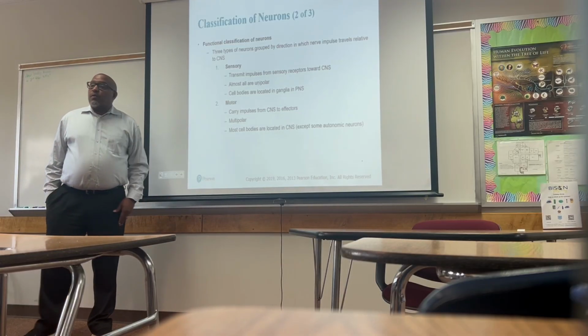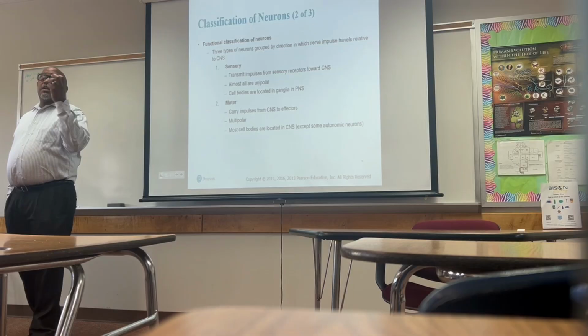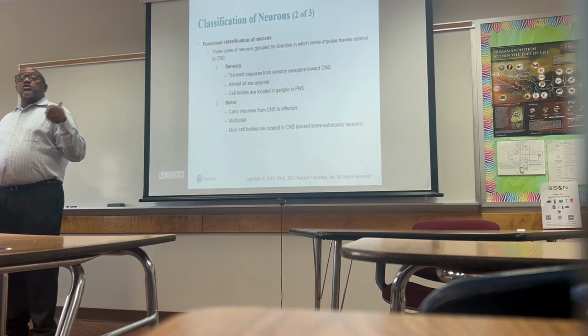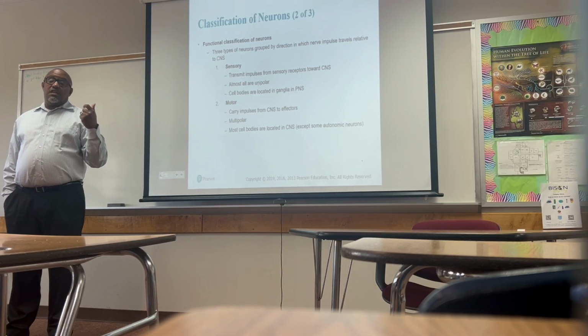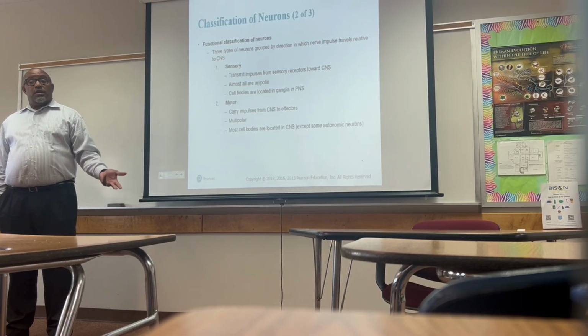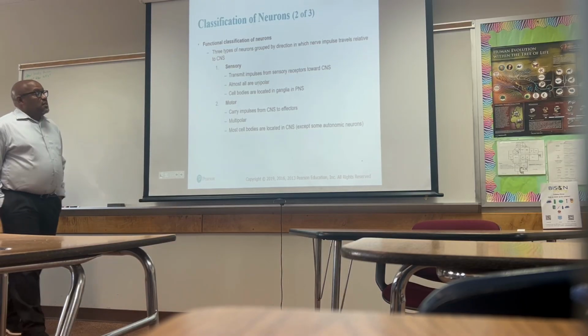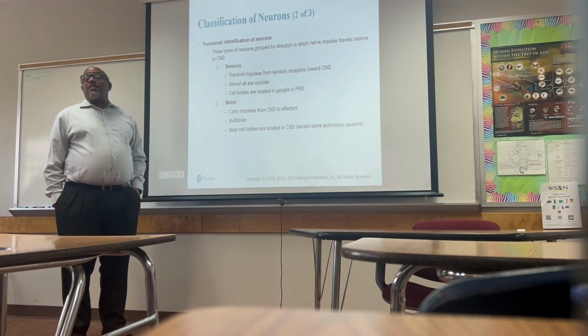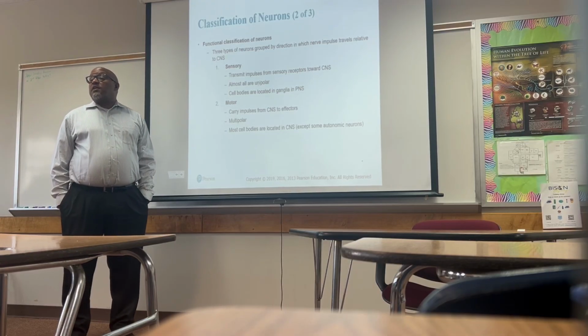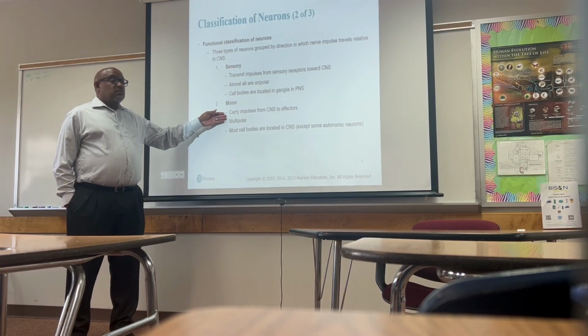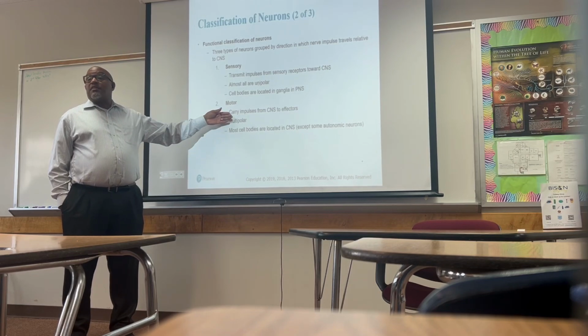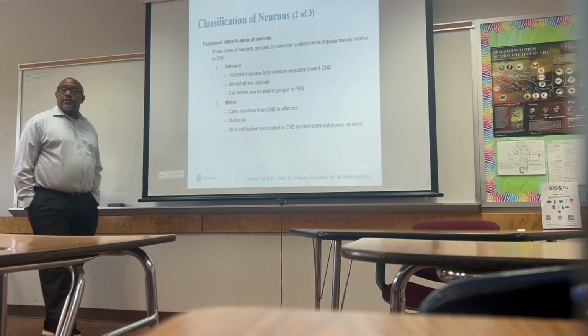Motor neurons are neurons that are sending a signal to the body to tell you what to do in response to what you have seen, felt, tasted, or whatever, okay? Or another way to describe it, sensory neurons are afferent, AFF. Remember afferent and efferent? Afferent goes in, efferent comes out. Exactly. Motor neurons are efferent. Okay.